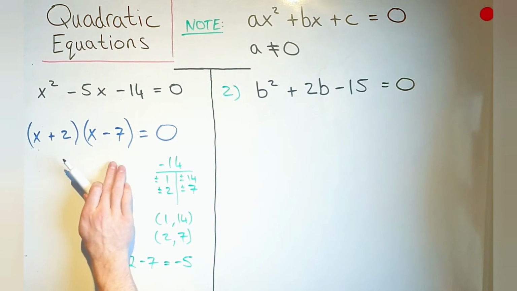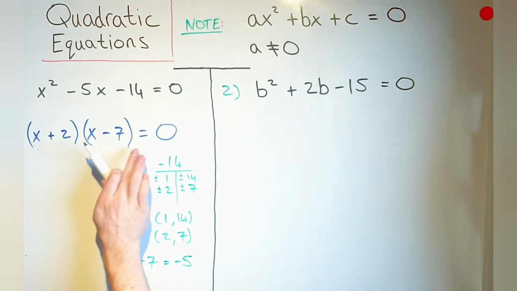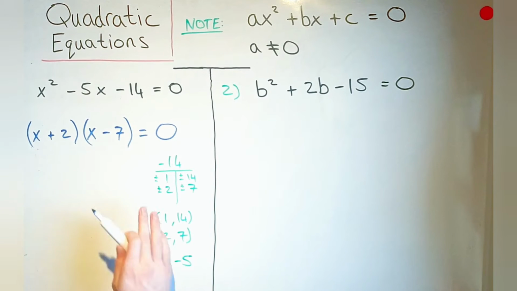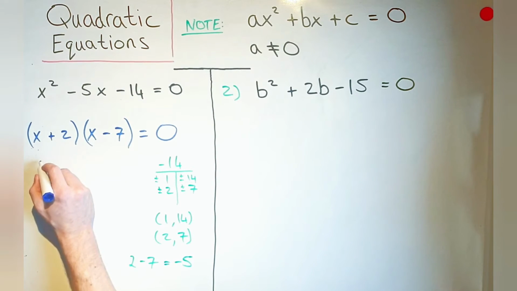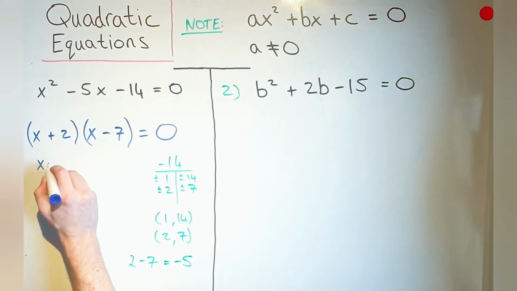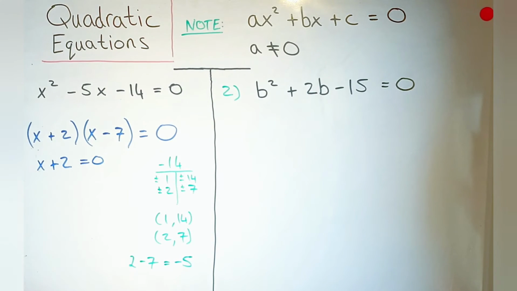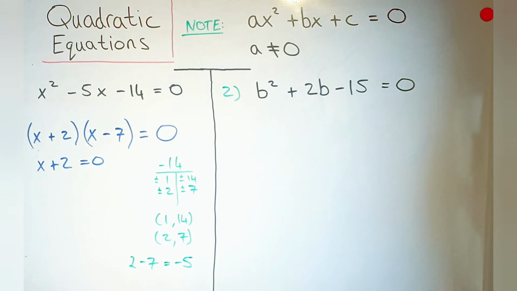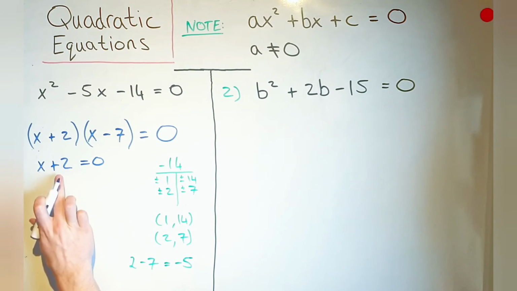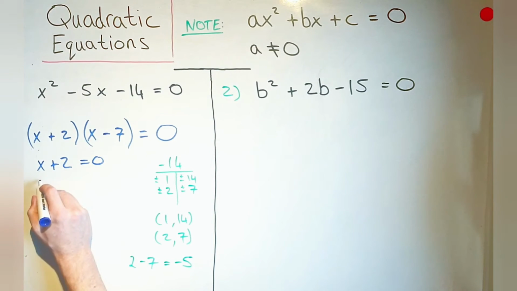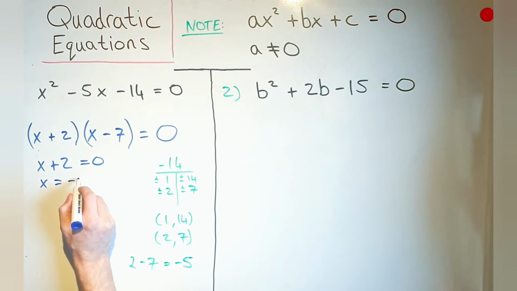Right, so what we do now is put each factor equal to 0, as one of them is going to equal 0. The first factor here is x plus 2, and we let that equal 0. This is quite straightforward: how do we get x on its own? Well, minus 2 from each side. So x is equal to minus 2.